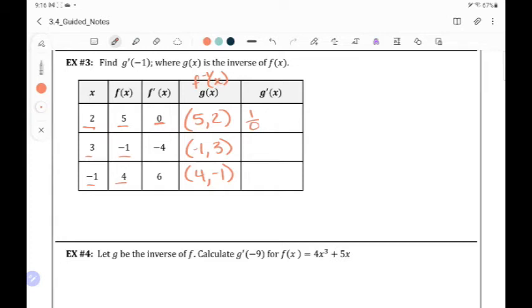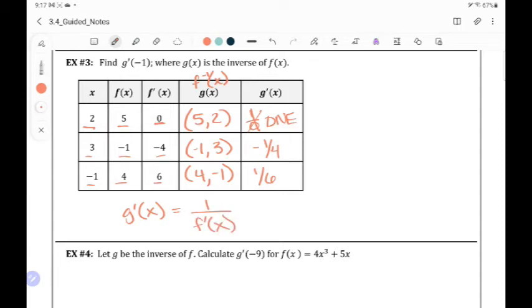Well, that's not going to work. So on this one, we're going to write does not exist, right? On the next one, the slope is -4, so it's going to be -1 over 4. And on the last one, 6 is going to be 1 over 6. Each of those for g prime of x is going to be the reciprocal of f prime of x. Okay, think about that. G prime of x equals 1 over f prime of x.